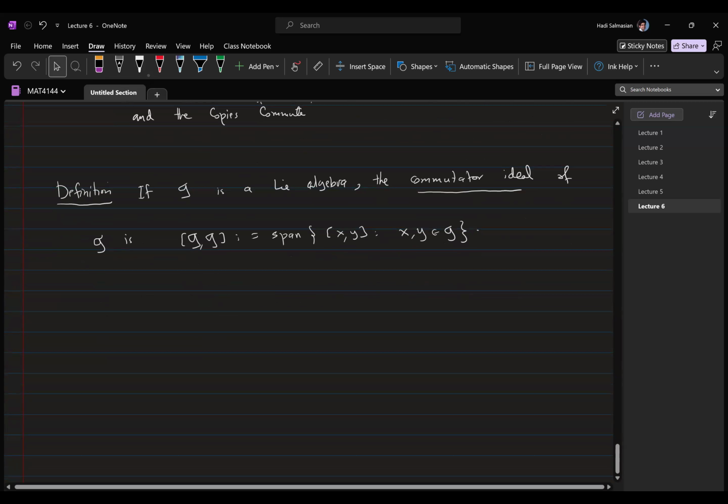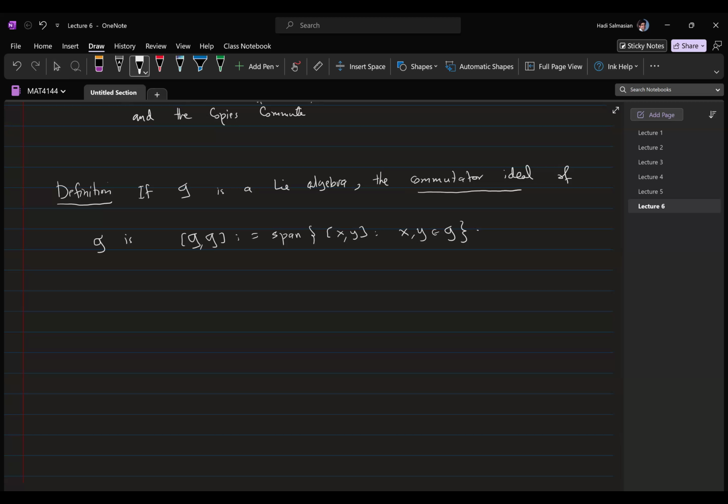And now you can keep taking the commutator ideal of a Lie algebra successively. And if you get to 0, your initial Lie algebra is called solvable. So here's the next definition.